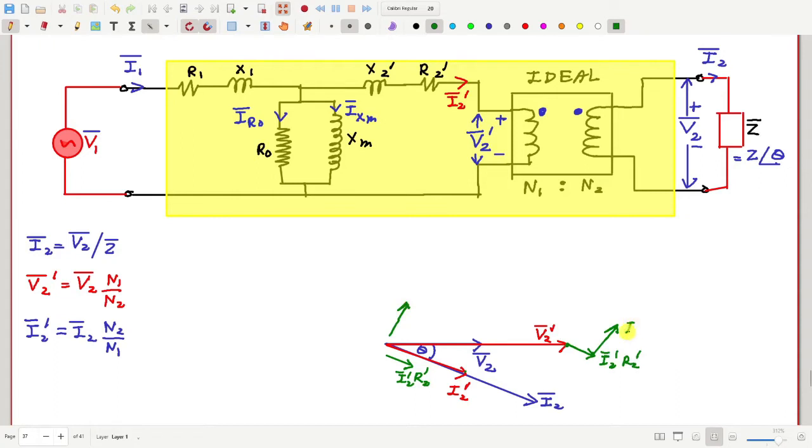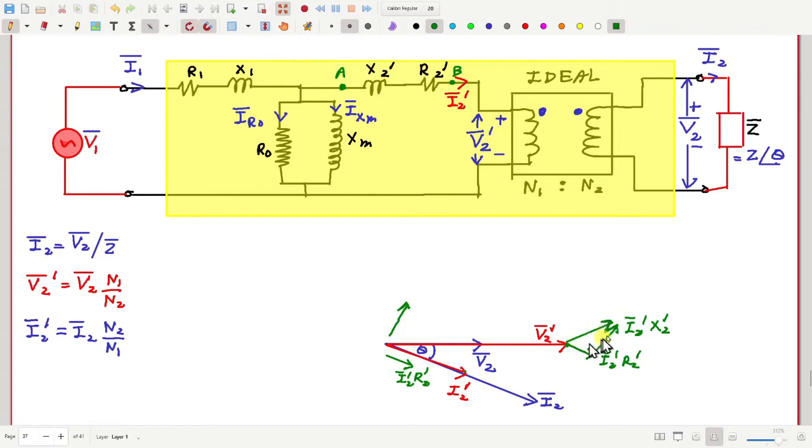So this is our I2 prime X2 prime. This is basically the voltage drop from this point to this point. If I call these A and B, then this phasor is the voltage VAB.